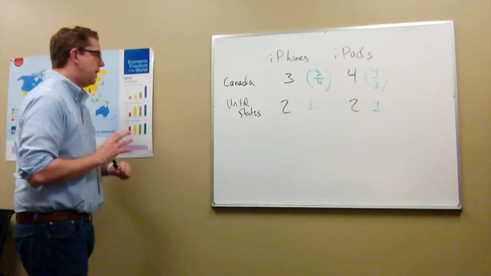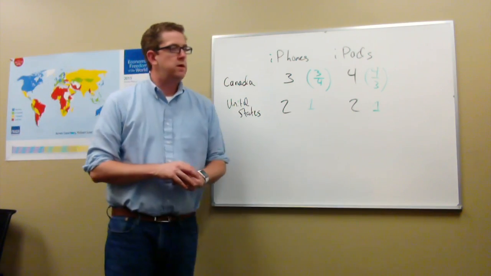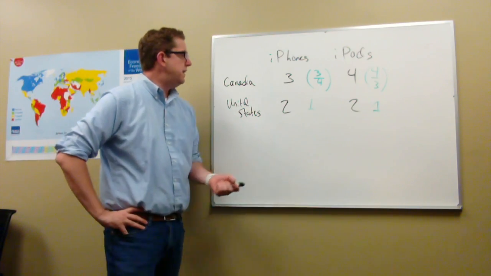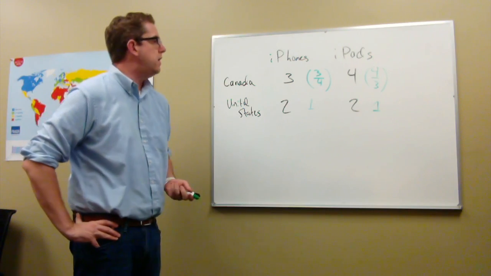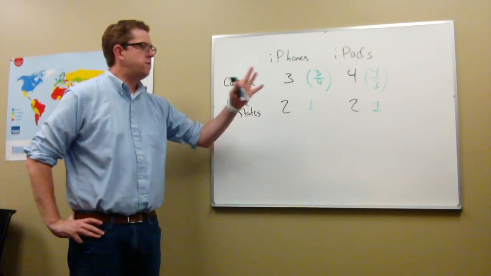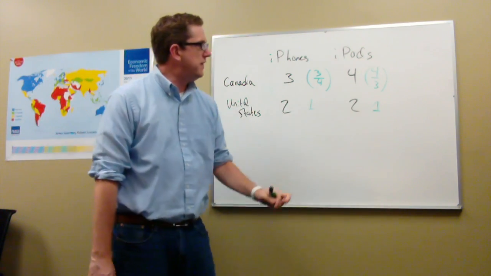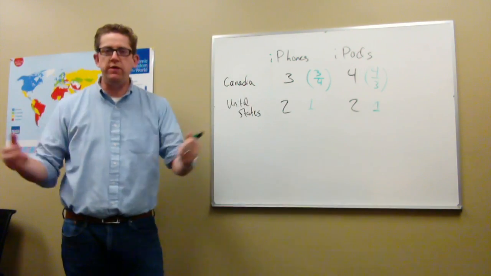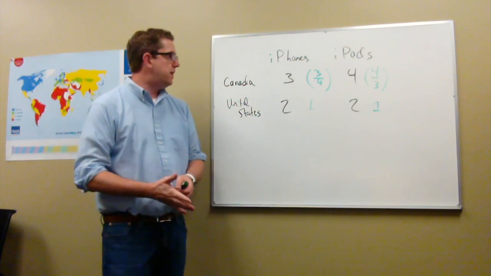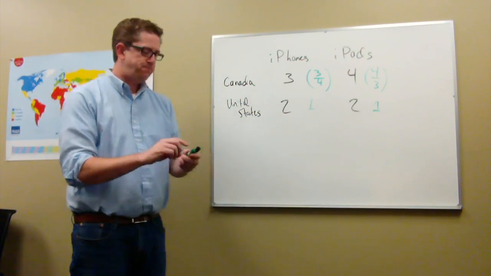Here we can think about what this tells us about comparative costs. At first glance, to the untrained eye, it appears that the United States should produce iPhones and iPads because it requires less labor to produce an iPhone, less labor to produce an iPad, so no reason to trade with Canada, except for the fact that what matters is not the absolute input cost, but rather the comparative cost.